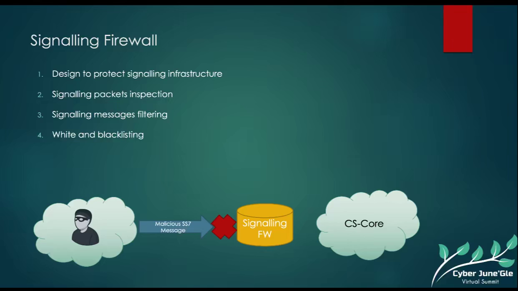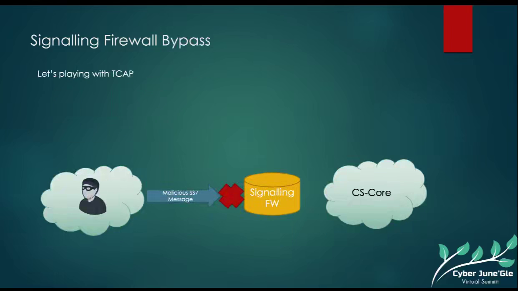Signal packet inspection, filtering, and white and blacklisting are the main features of a signaling firewall. So how can we bypass it? To bypass these kinds of firewalls, we just need to play with TCAP.